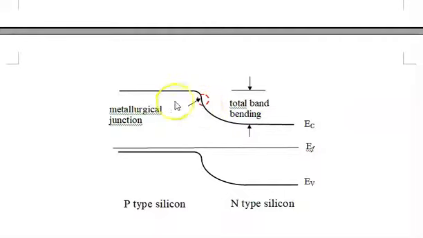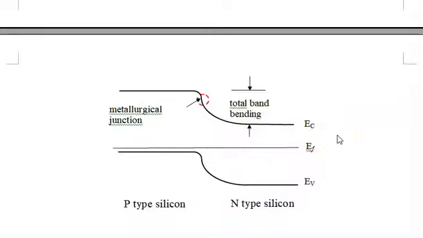However, the metallurgical junction is closer to the p side than it is to the n side. Notice that the depletion region width is very large on the n side, and it's very small on the p side. And all of that is exactly what we found in the Schottky barrier diode.